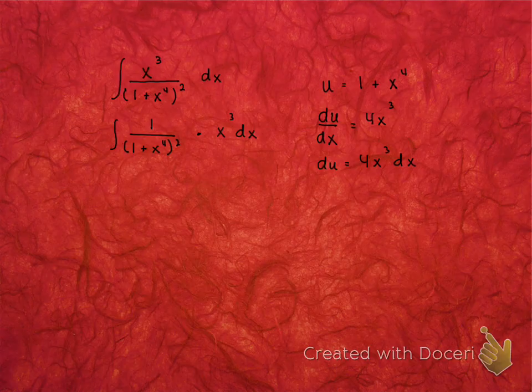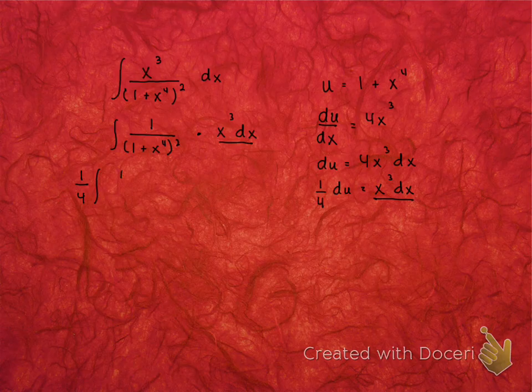Now, our dx in our problem does not have a 4. So we are going to very nicely just divide away that 4. So 1/4 du is now x cubed dx. Now our dx's match as long as we're integrating with the 1/4 out front.